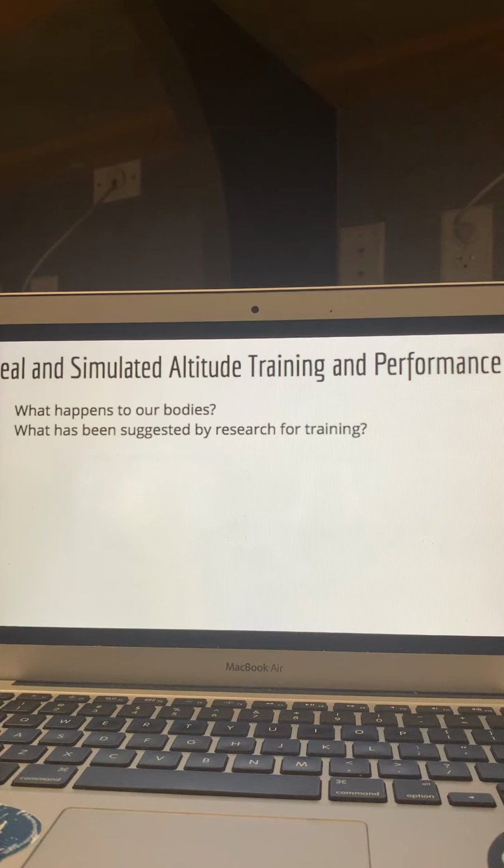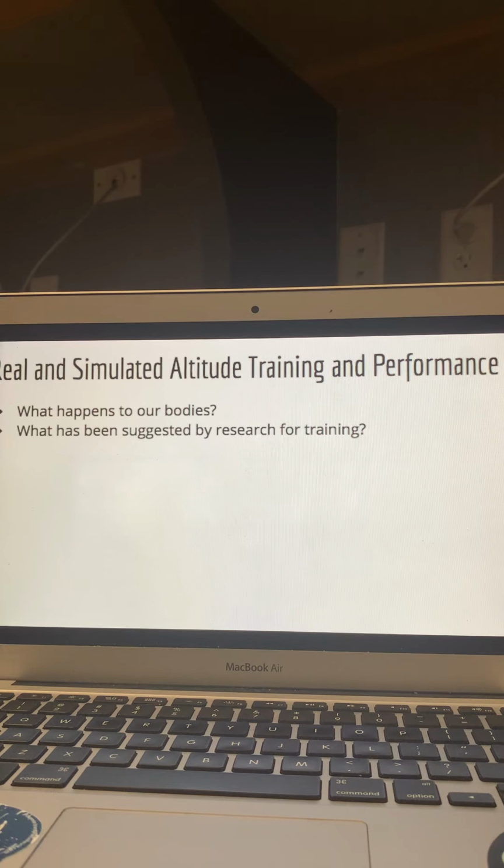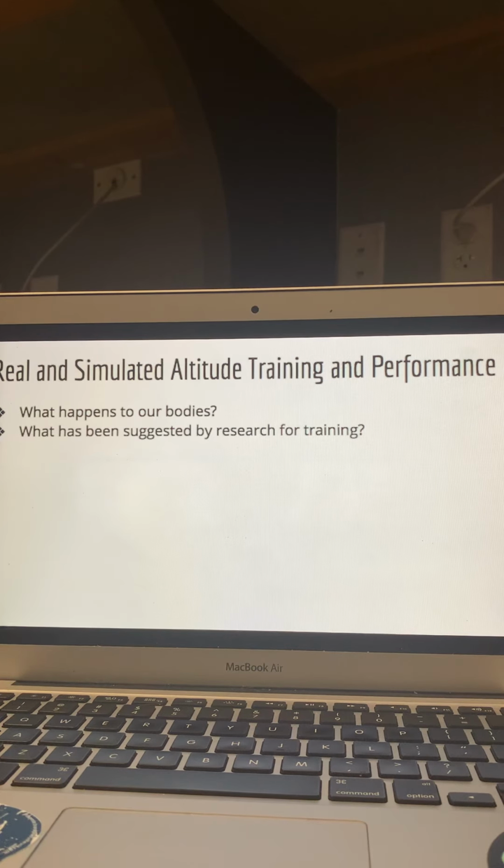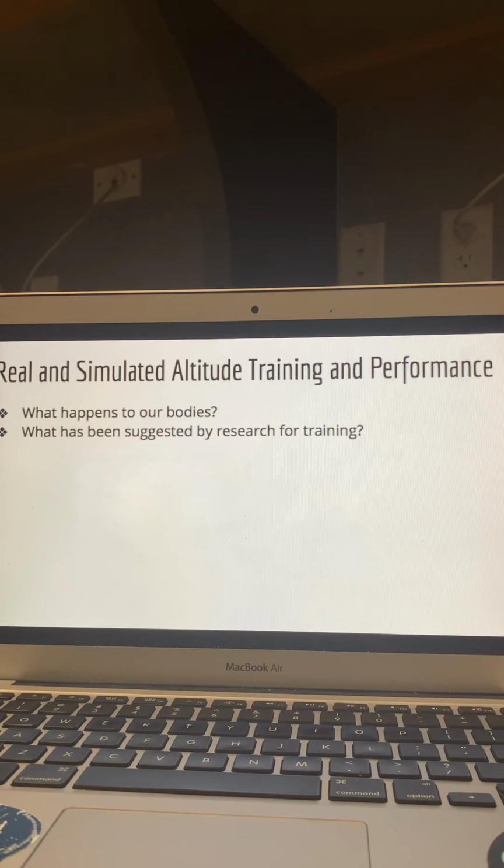What has been suggested by research for training? So in general, coaches and athletes commonly use altitude training to complement regular training at sea level. There are a variety of different models of altitude training that vary from low and high altitude living and training to breathing hypoxic gas while living and training normally at sea level.